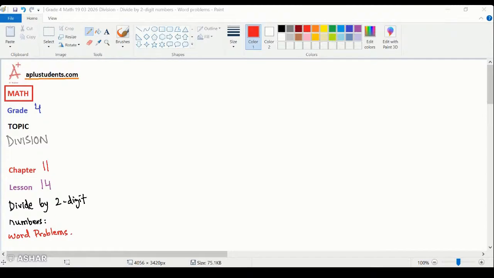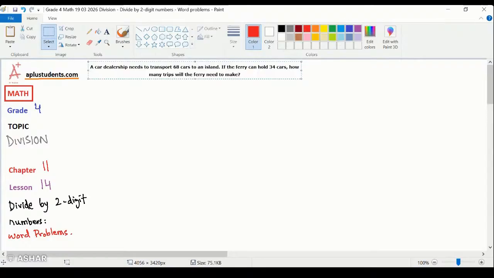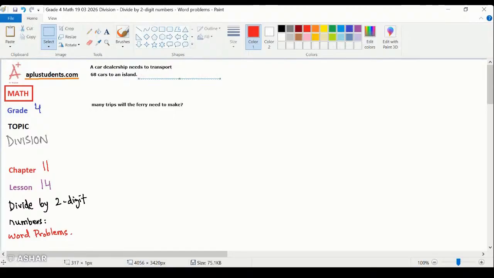So the first question that we have is, let me just copy. The first question says, there's a car dealership and they need to transport some cars.